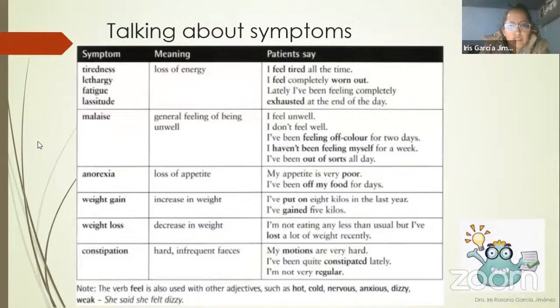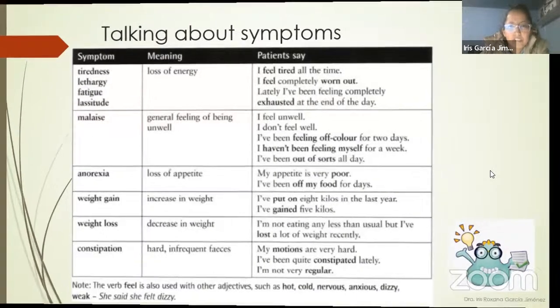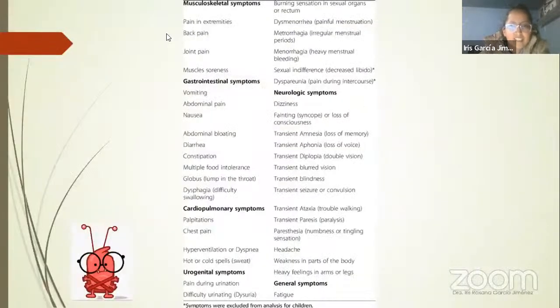Let's go ahead. Now we have lots to check. With the next slides, I'm showing you a huge list of symptoms and signs that is better to check and read and find the meaning of while studying, while using a translator.